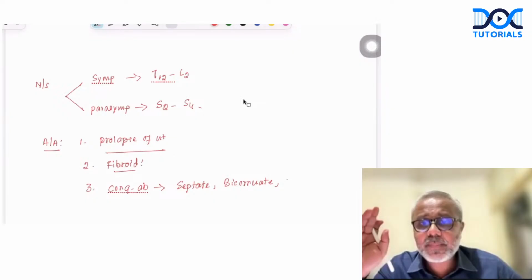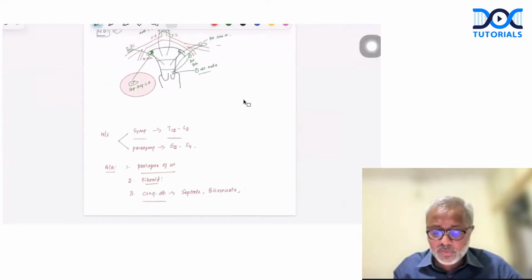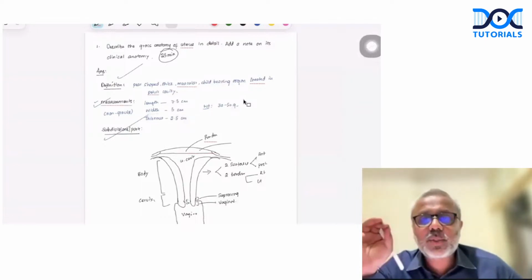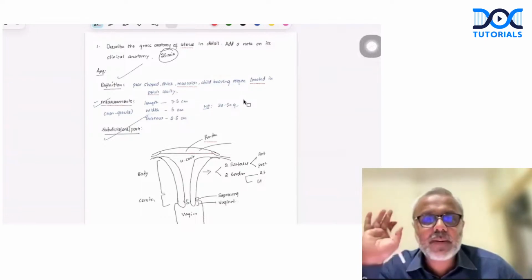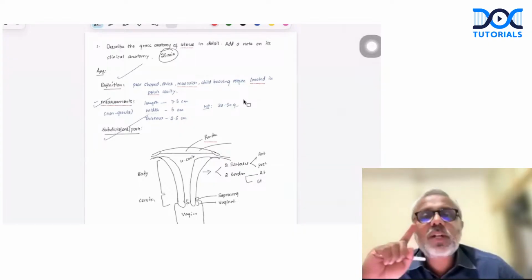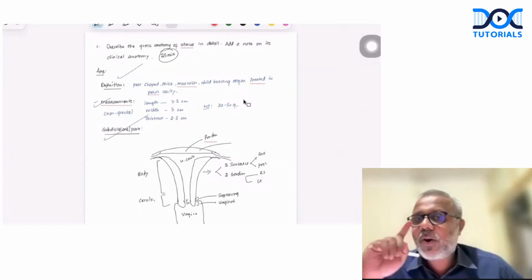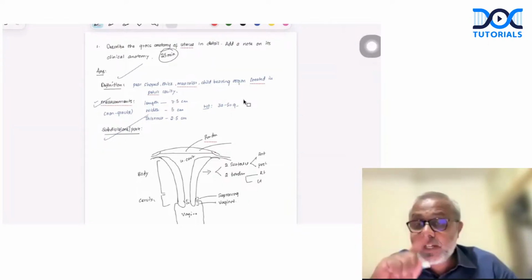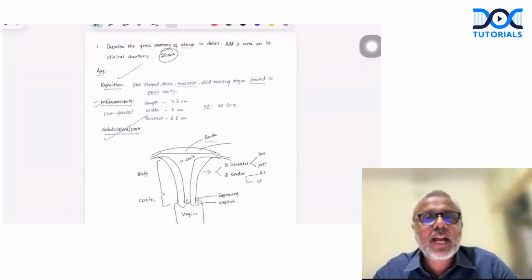Are we clear? Now, this is how we are supposed to write if the uterus comes as a 10 marker question or a long essay. Now, remember here, they did not ask about ligaments or support. So we have not touched it. But we will take up this as a separate topic and we will discuss it thoroughly.